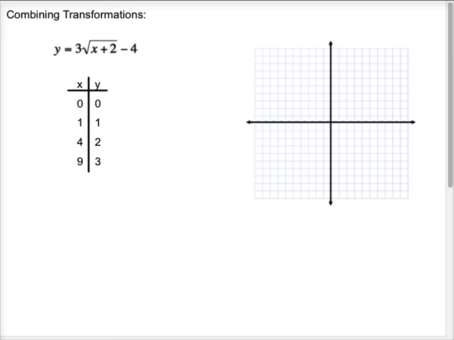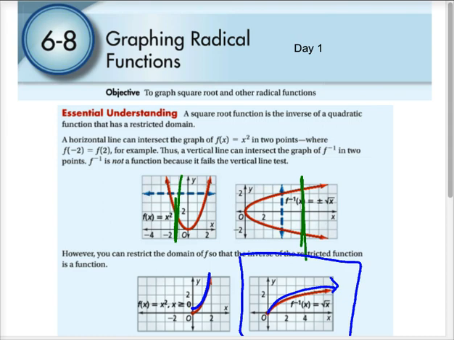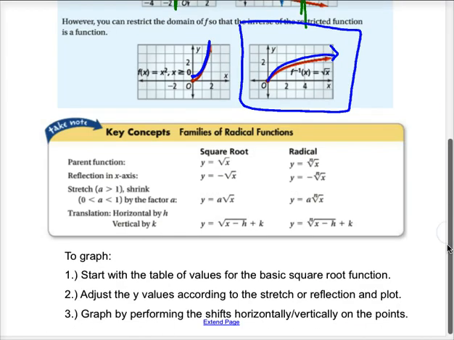Okay, so now in this instance, here's our basic table. Now, if you recall, let's go back to the very first page, because now if you notice, we have a stretch. And notice, what did it say to do with the stretch? It says adjust the y values according to the stretch and plot.